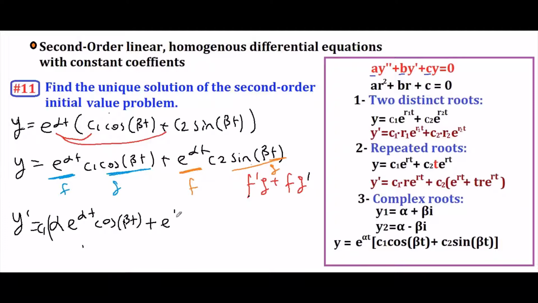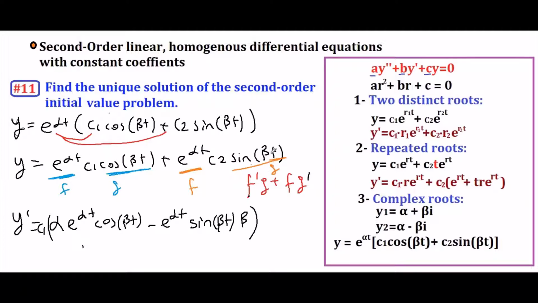Our f is e to the alpha t, and g prime is the derivative of cosine of beta t. The derivative of cosine is a negative sign, so that makes this negative: negative sine of beta t times beta. Using the chain rule, we need to multiply by the derivative of the inside function. So we're done with the first term here now.